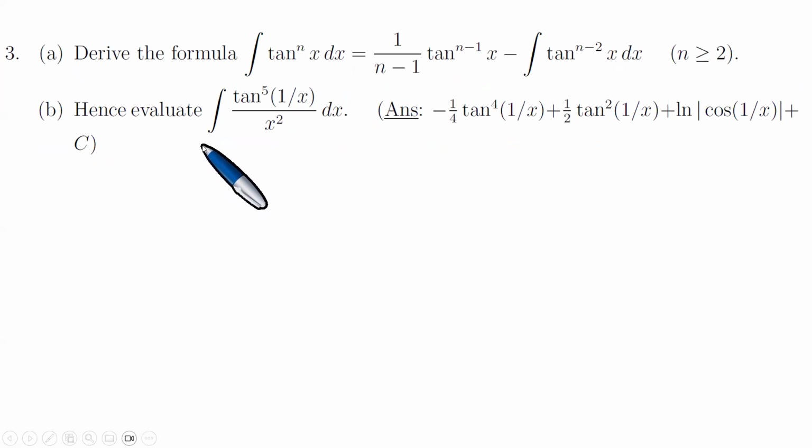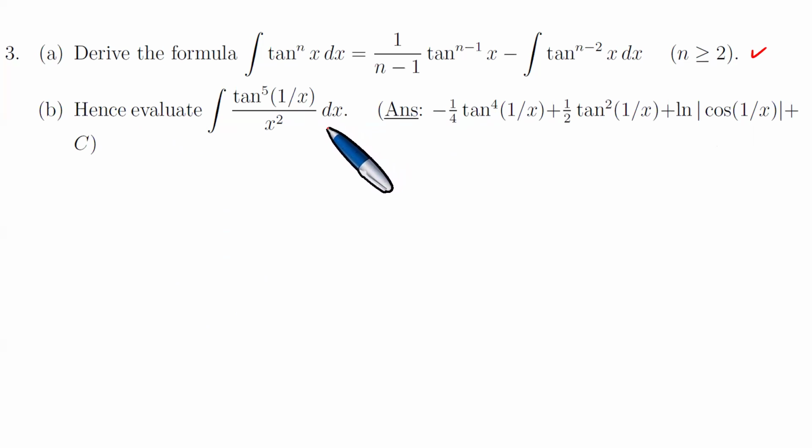Okay, if you look at 3A, we continue to investigate the 3A part. Now you spoke about the reduction formula, and this is the reduction formula. This reduction formula is often proven by using integration by parts or equivalent results.